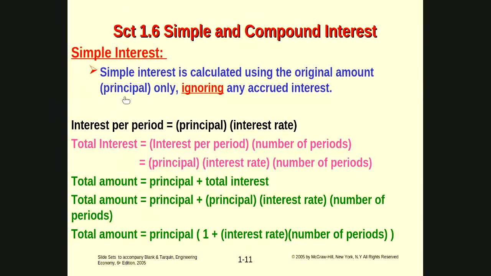The principal means original amount or capital or first cost, all the same meaning, the basic amount that was paid. Simple interest is applied only on the original amount, so every year it is applied on the original amount.